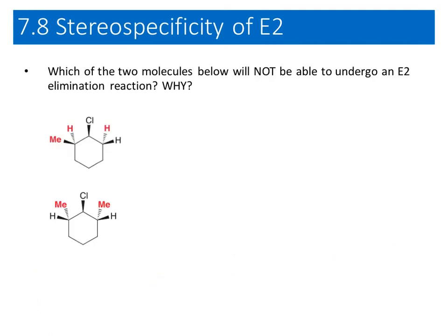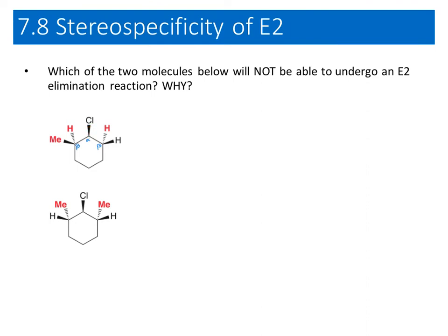Which of the two molecules will not be able to do E2 reaction? So in the first molecule, we need to find the beta protons. This is alpha carbon and we have 2 beta positions. Now to see whether the E2 reaction can happen, we need to look at the stereochemistry of the leaving group. So the leaving group is in wedge.